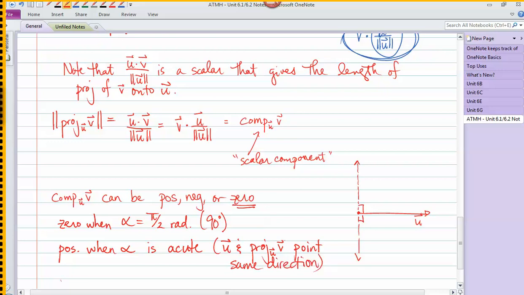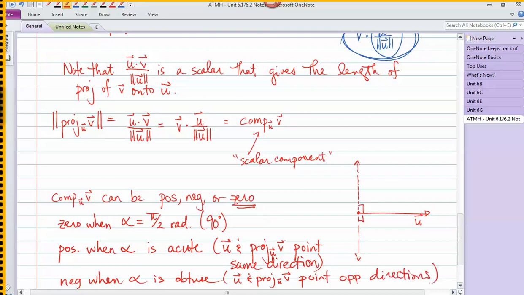And it's negative when alpha is obtuse. So U and the projection onto U of V point in opposite directions. So exactly opposite. They're 180 degrees apart, basically.